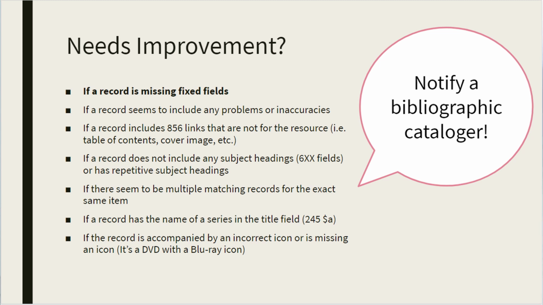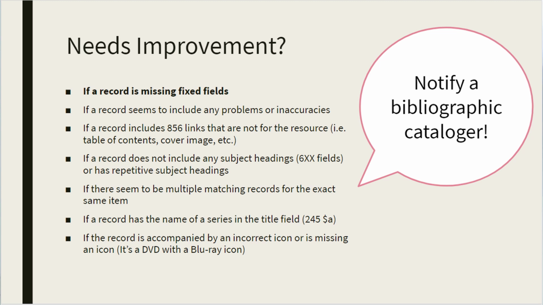If the record includes 856 links that are not directly for that resource itself, so basically if it's not an ebook, send that to a bibliographic cataloger because we don't generally want those. They're ugly and they usually don't work. So send those along.